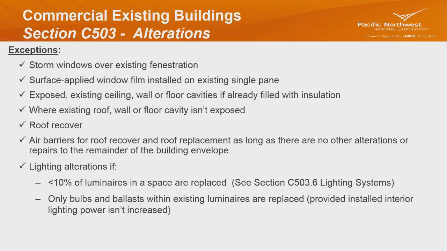So if I'm exposing the ceiling cavity, the exterior walls, the exterior floor of the building thermal envelope, as long as it's filled with insulation, I'm okay. You still should show it, and you still should submit your report because you are altering the building thermal envelope, except you might not have to bring it all the way up to the provisions that are in the prescriptive tables because you've met this exception.